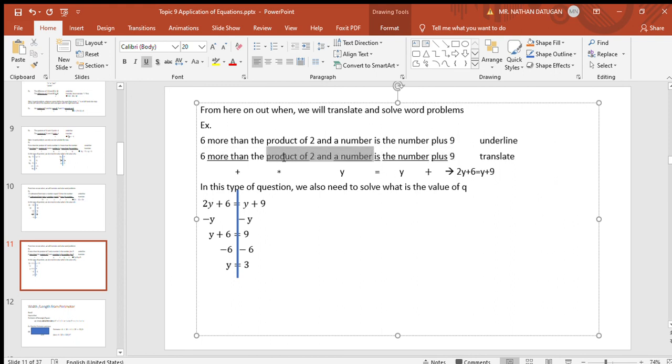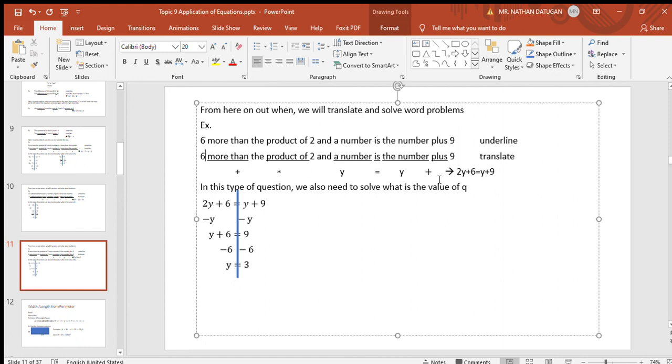Focus on the left hand side first. 6 more than the product of 2 and a number. So what do we do first? We do this, the product of 2 and a number, and it's just basically going to be 2y. And now let's move back to the first part. 6 more than 2y is going to be 6 plus 2y.